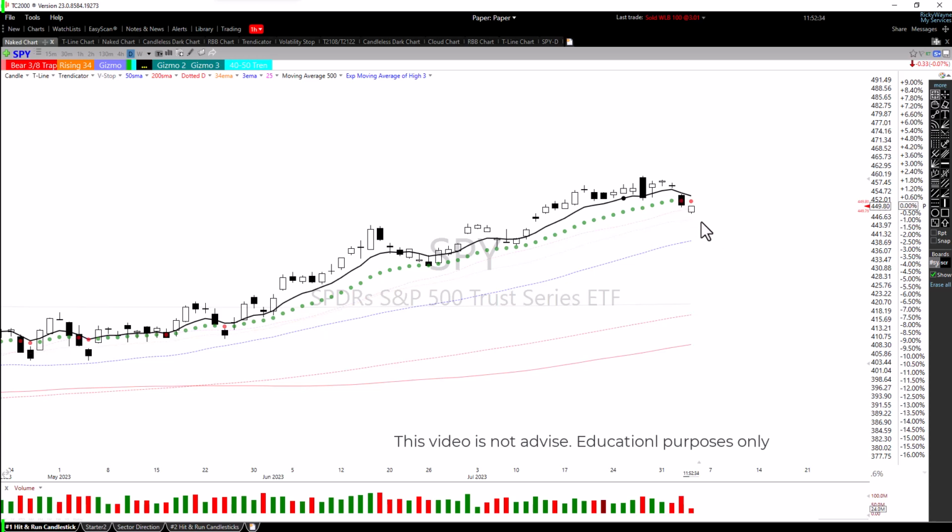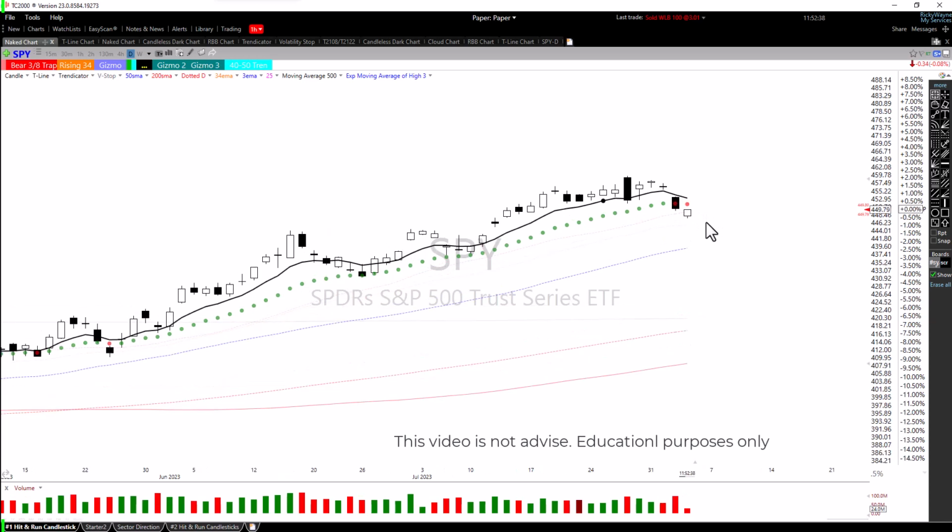Well, some people do that, and that's cool. It might work for you, and if it works for you, keep doing it. But if it doesn't work for you, stop doing it. This bearish engulf means a lot. This failure means a lot. Right now, to me, this market's in trouble. And it will be in trouble until it's no longer in trouble.